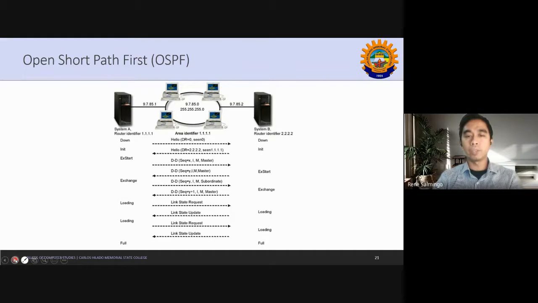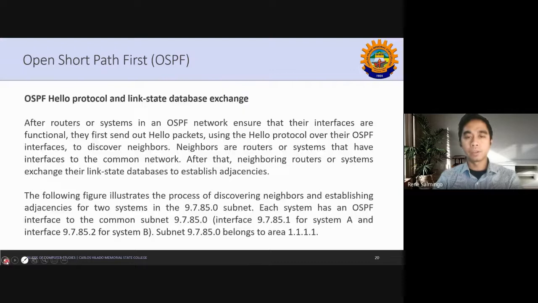The message sequence can be seen as hello, and after that, you forward the information. As you know, you have the 9.7.85.0 subnet, and each system has a common subnet of this, for system A and for system B.